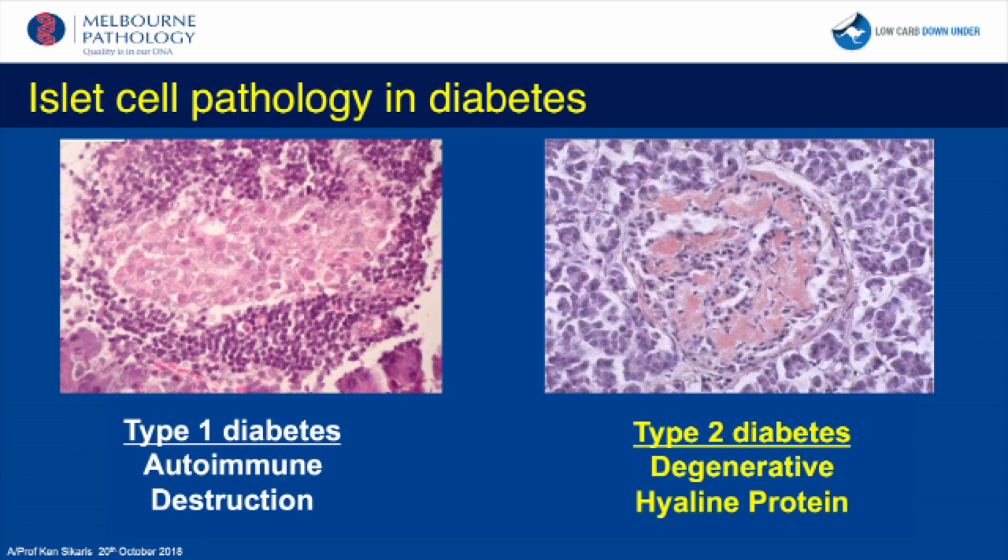When we look at the pathology in islet cells, in type 1 diabetes, the islet cells are surrounded by the immune system, which are going to kill it off. But in type 2 diabetes, it's a graveyard. It's just hyaline tissue, which is just dead cells, which we can't remove. So what happens in type 2 diabetes, it's not that you don't want to make more insulin to try to control it, but you can't because you're destroying those islets by overworking them.